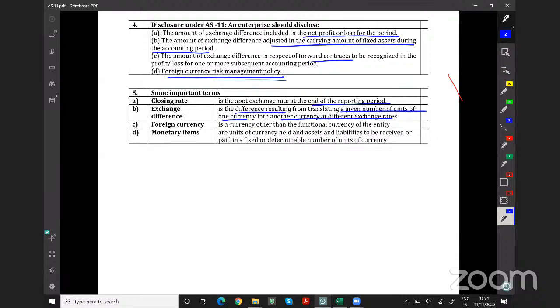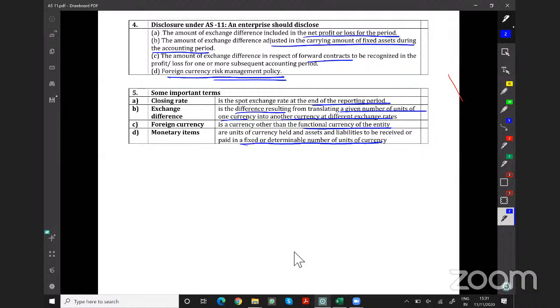Foreign currency is a currency other than the functional currency of the entity. In case of India, my functional currency or main currency will be the Indian rupee, and in case of USA, their functional currency will be the dollar. Monetary items are units of currency held, and assets and liabilities to be received or paid in a fixed or determinable amount of units of currencies. Meaning I have to pay you $1,000 or I will receive $1,000.